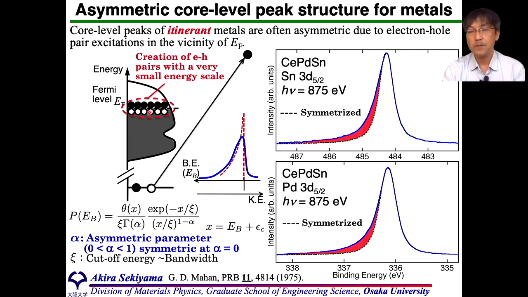In order to see this phenomenon, there must be a finite number of electrons crossing the Fermi level on the excited side. Therefore, these results tell us that both palladium and tin valence band electrons cross the Fermi level. In other words, both the tin and palladium valence band electrons contribute to the metallic behavior. So that is the explanation of the asymmetric core-level photoemission spectral peak for metallic materials.